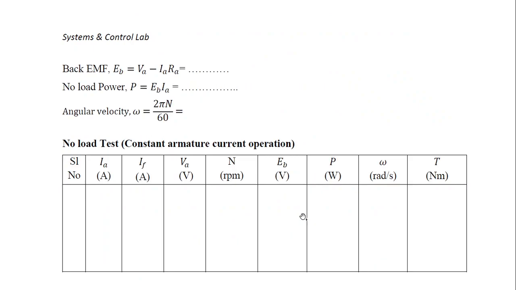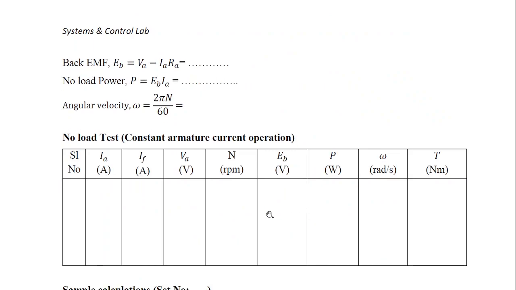That means you have to fill this tabular column. That is, first of all you have to set the field current near to or equal to the rated value, and the armature current to the rated value, then armature voltage to the rated terminal voltage.